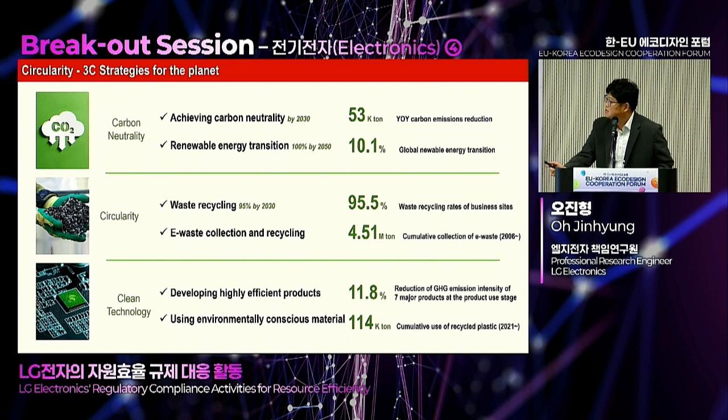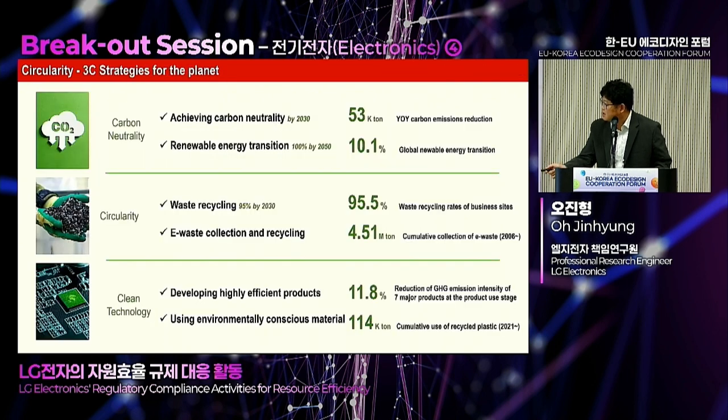So we are currently working on 3C and 3D. Regarding circularity, 3C is directly associated with circularity. Briefly, we aim to achieve carbon neutrality by 2030. We have reduced 53,000 tons year over year. And we also have a plan to use renewable energy 100%, and 10.1% is actually renewable energy now.